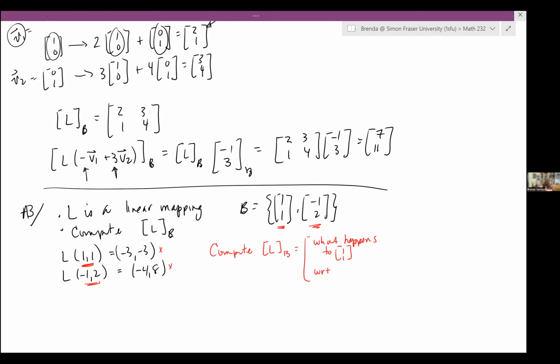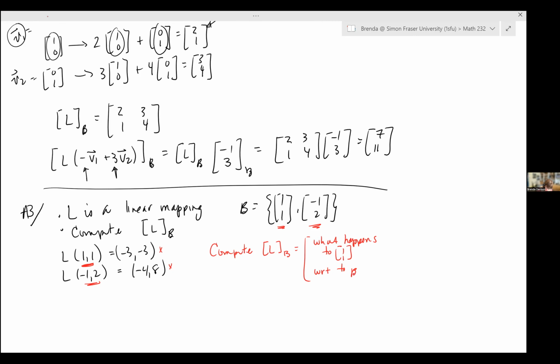It's with respect to the basis we want, this basis right here. And then this is what happens to -1, 2. That's what we're looking at. And that's also, again, with respect to B. Okay, so that is our matrix with respect to the basis B.